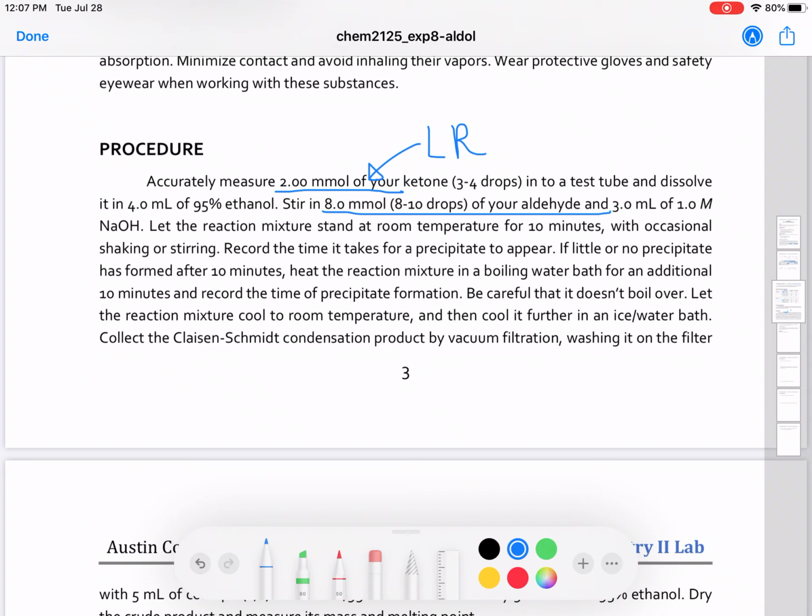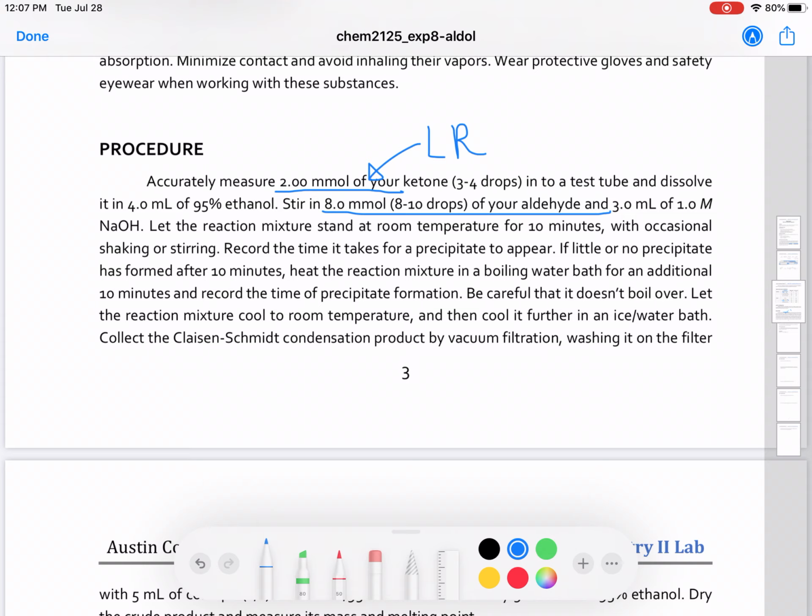You add 8 millimoles, which is about 8 to 10 drops of your aldehyde, and 3 milliliters of 1 molar sodium hydroxide. We're going to be doing our condensation in a basic medium, so our base is sodium hydroxide.